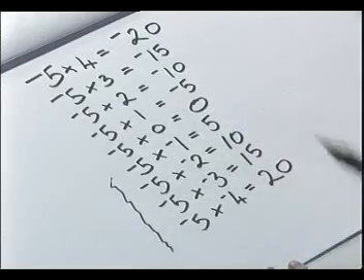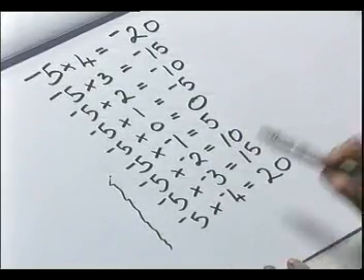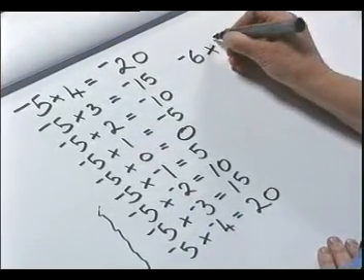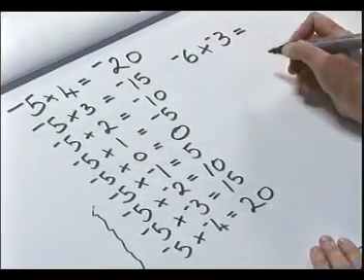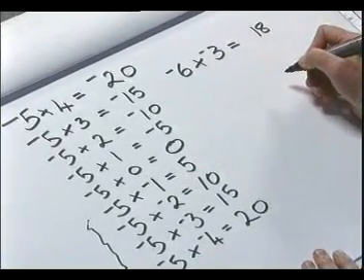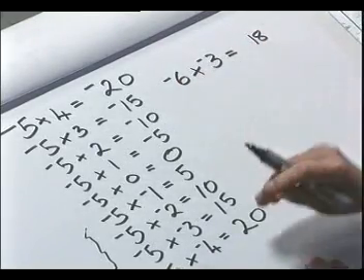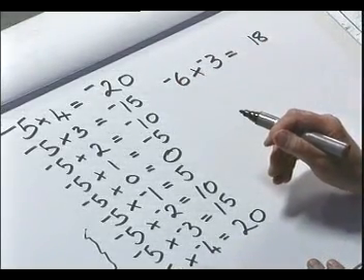Negative by negative gives a positive. Negative, negative, positive, negative, negative, positive. Isn't that great? Dead easy. So, if I had this calculation, negative 6 times by negative 3, you multiply as normal. 6 times 3 is 18. And the answer is positive 18, because two negatives make a positive.